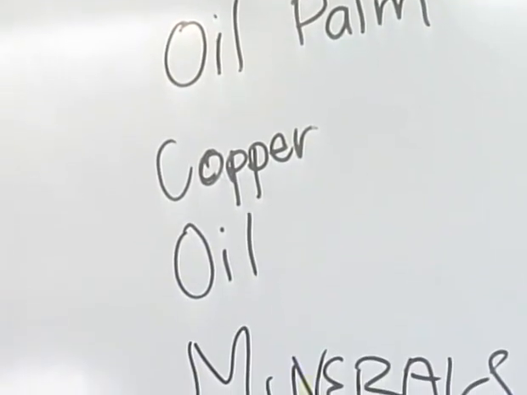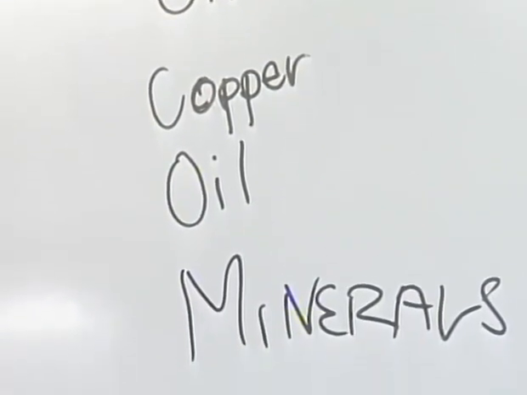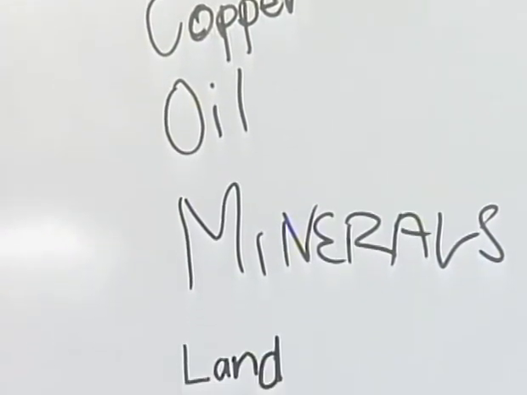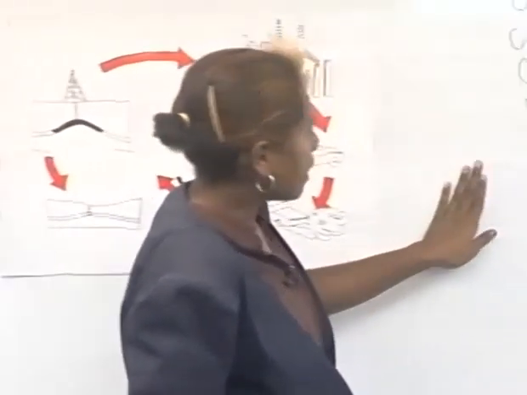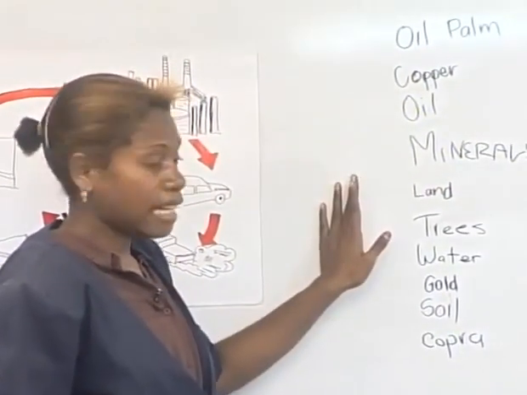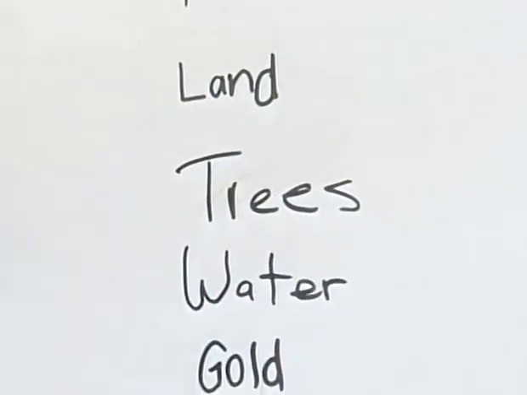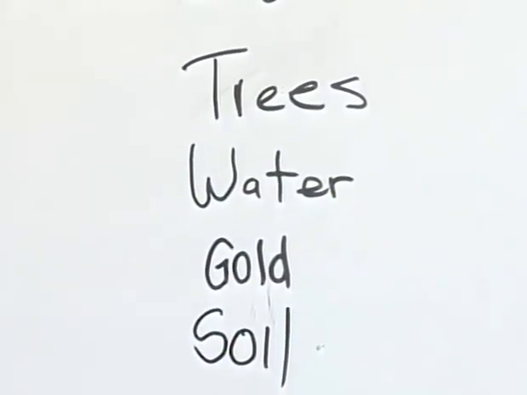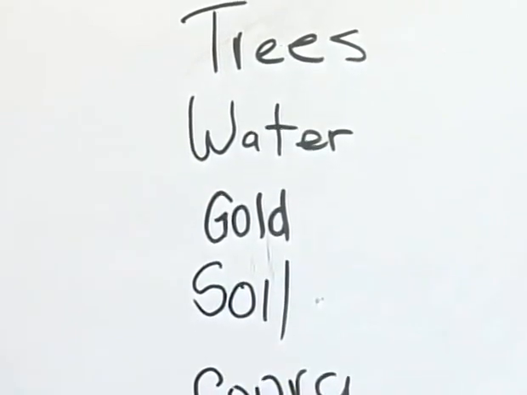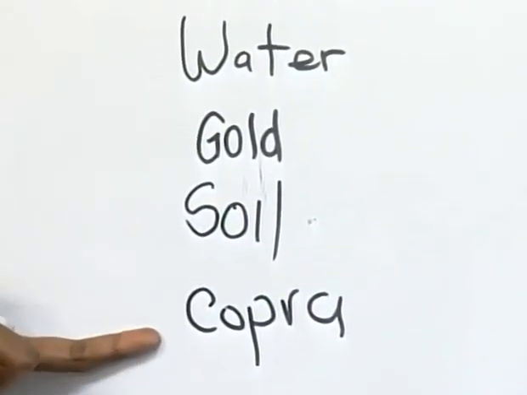Let's have a look at your answers. Receiving students, some of these things that you mentioned here. A resource is anything that we use in the environment. Is copra a resource?